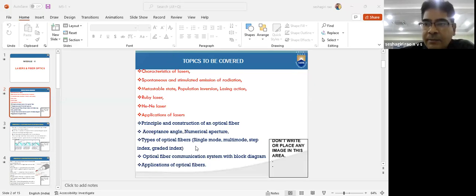Can anybody tell how the total internal reflection takes place when we have two mediums, one optical rarer medium and the other optical denser medium? Will anybody give some idea?